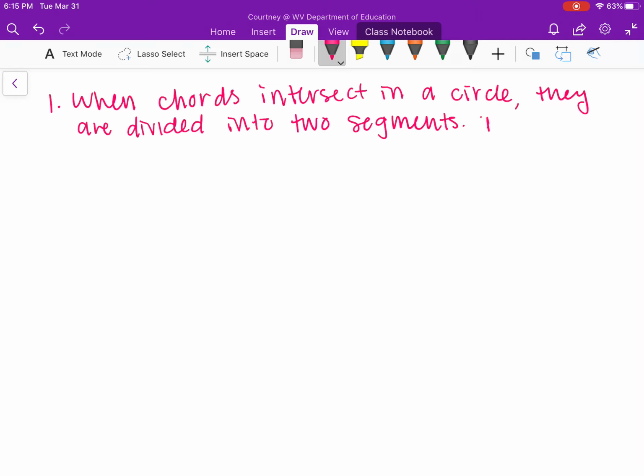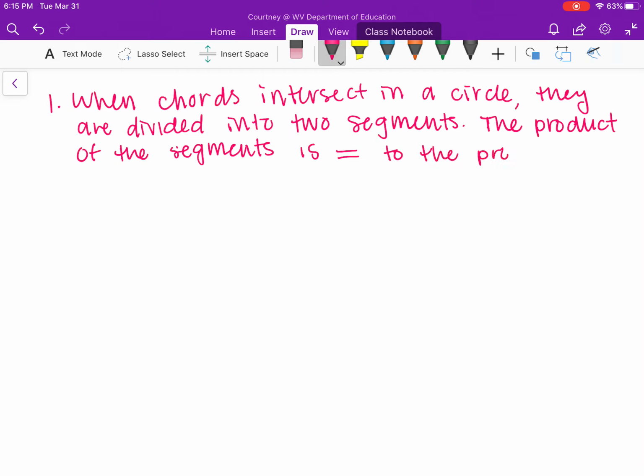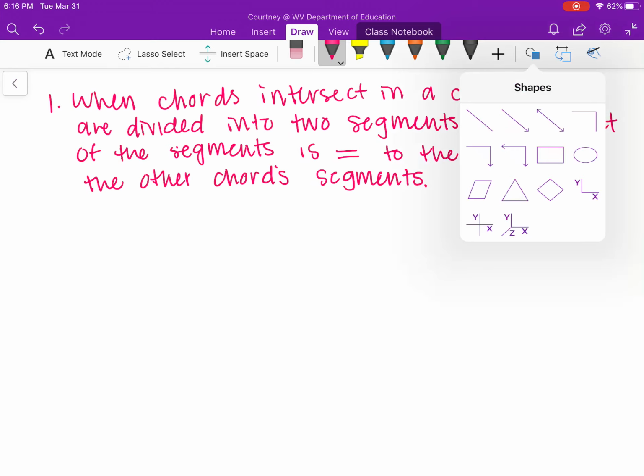Another sentence: the product of the segments, product means answer to a multiplication problem, the product of the segments is equal to the product of the other chord's segments. I'm going to explain that in just 1 second.